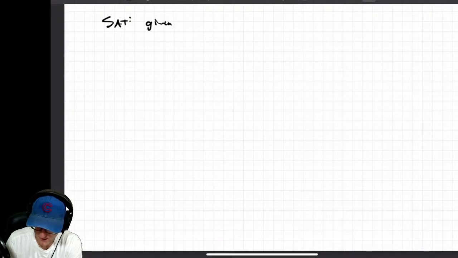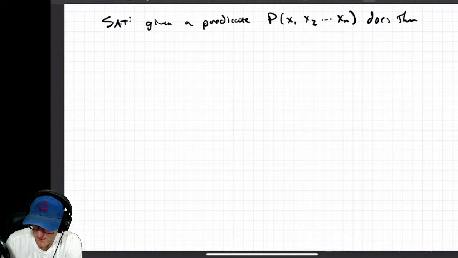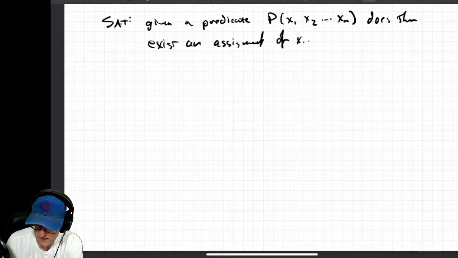Given a predicate P on x1, x2, through xn, does there exist an assignment of x1 through xn such that P on that assignment evaluates to true?